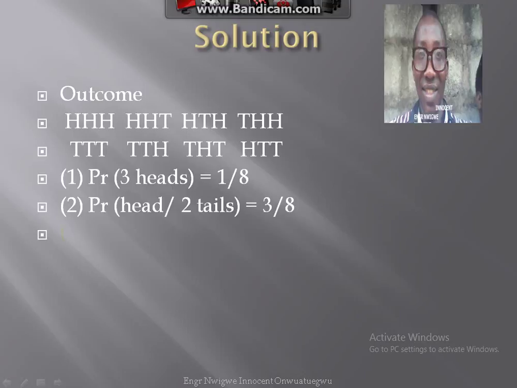Number 4, the probability for at least a tail to come out. At least a tail is just 1 tail to come out, so the outcome that gives us at least a tail is 1 over 8.